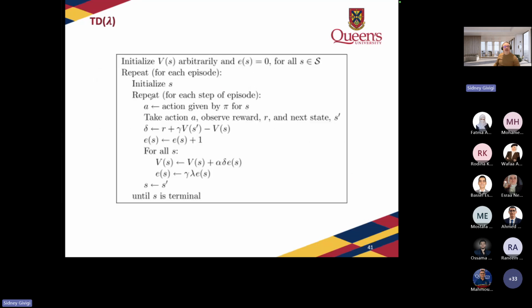And if you look at the values here, as I mentioned, when we have a table, we calculate what our TD error is, and we calculate our eligibility trace. And this eligibility trace is going to be the previous value plus 1. So that's what I had written there.